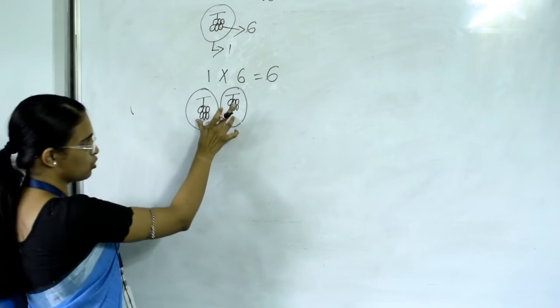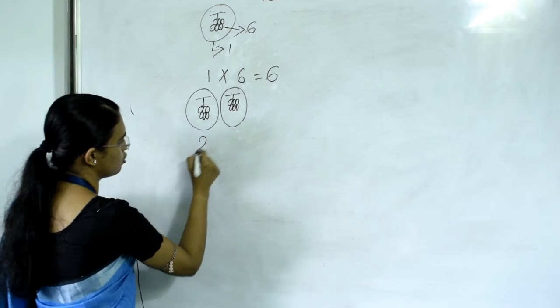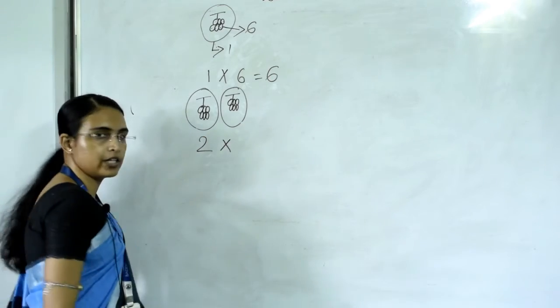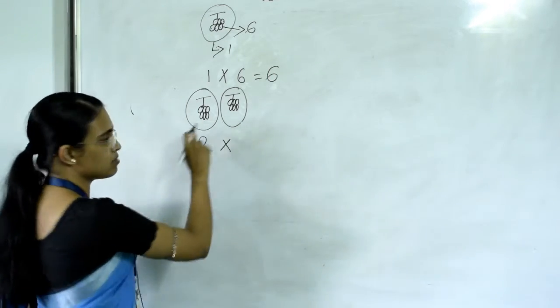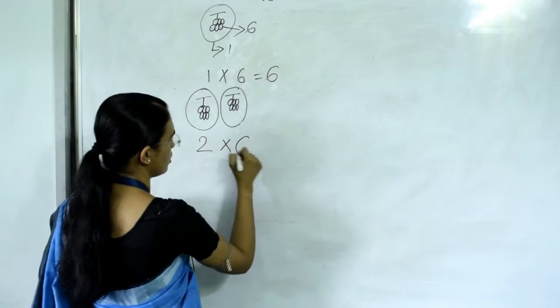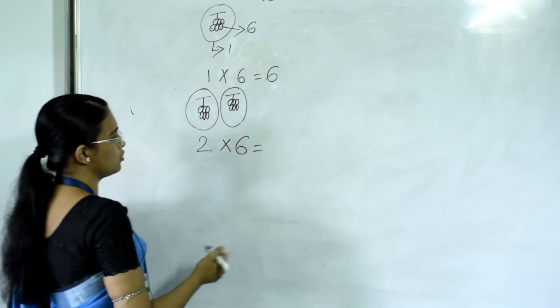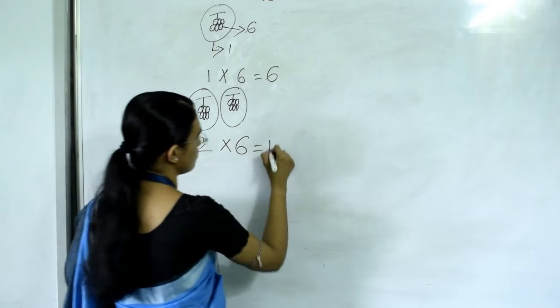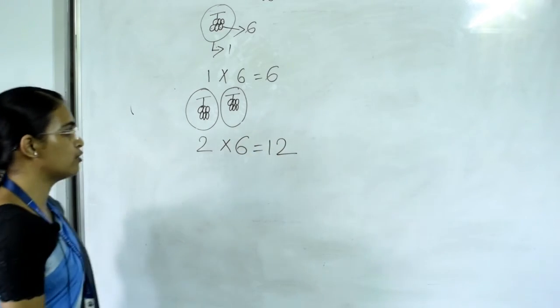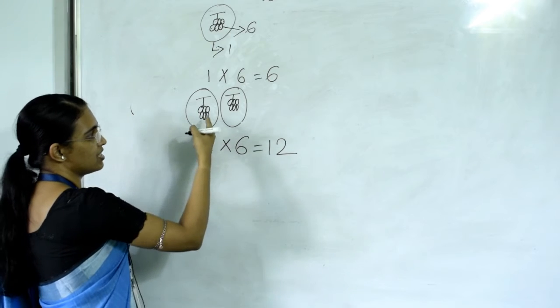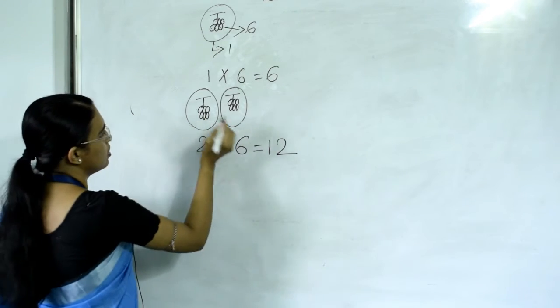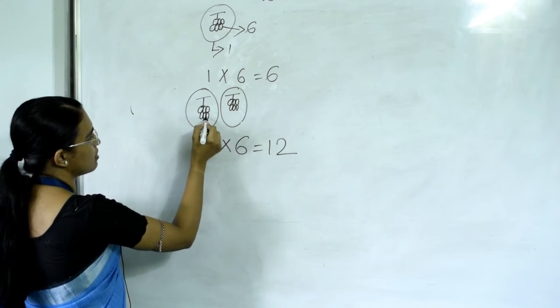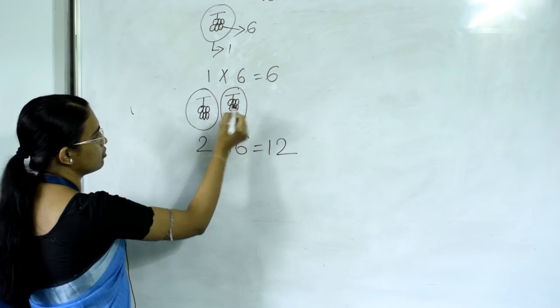For the 2 bunches we write 2, then the multiplication sign, and each group has 6 grapes, so we write 6. So altogether how many grapes? 2 6s are 12. Now if you add this, you will get the same answer. Look, 1 2 3 4 5 6 7 8 9 10 11 12.